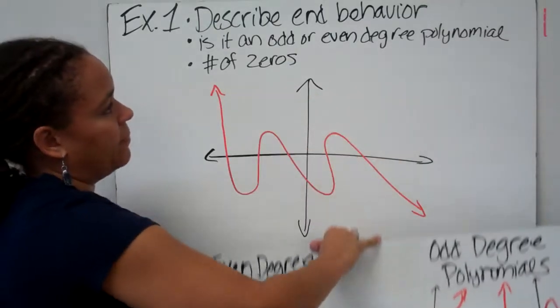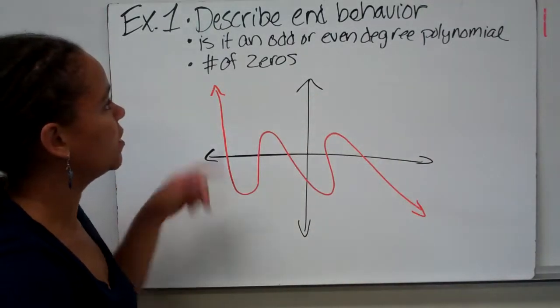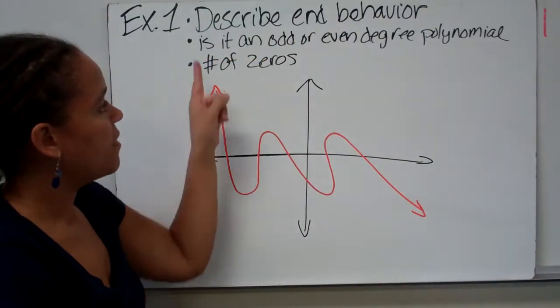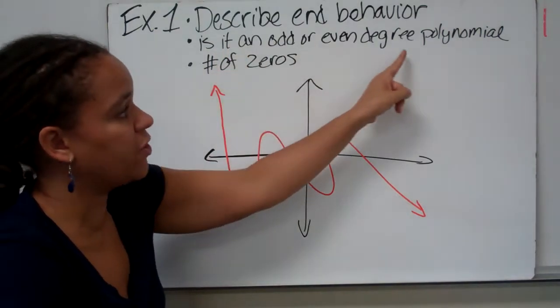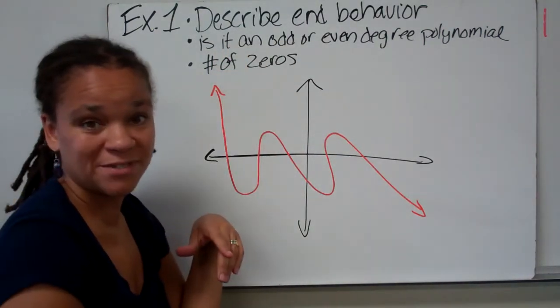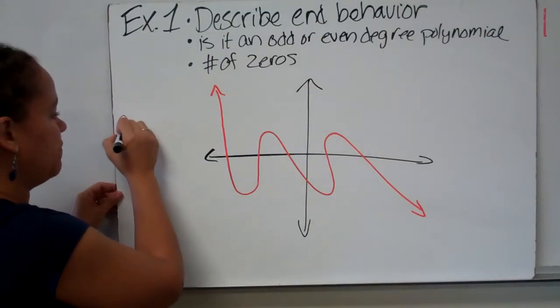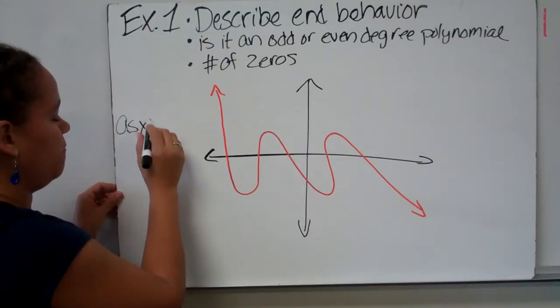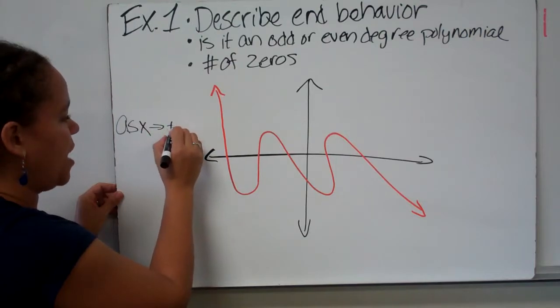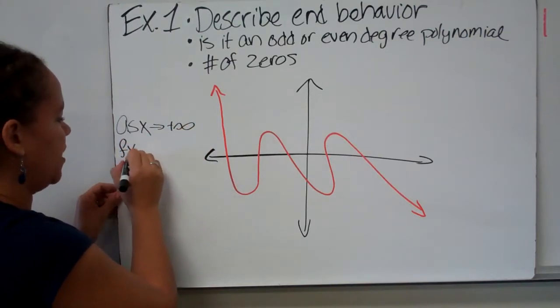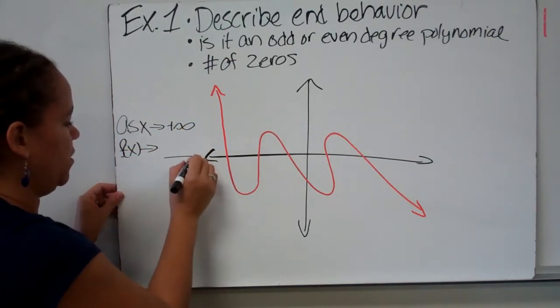So here's our example. Let's try out all that we just learned. Describe the end behavior. Then I want you to tell me, is it an odd or even degree? And what is the number of zeros that we have here? So first, describe the end behavior. You have to start writing it out the way we write it out. As x approaches positive infinity, f of x approaches what?